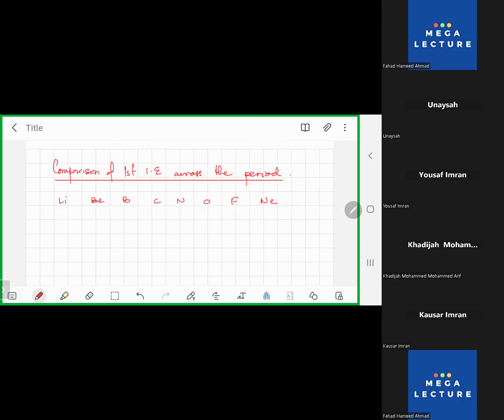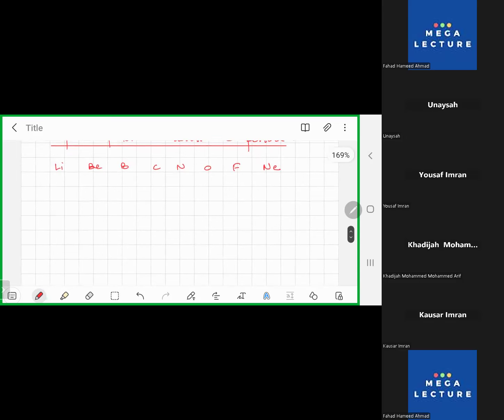So when I'm moving across the period, I'm just going to draw, just because we just need to know the trend. So I'm just going to draw lithium, carbon, and fluorine. ठीक है, just to give you an idea of what the trend is. तो lithium को draw करना पड़ेगा. ठीक है, that's 2 shells.